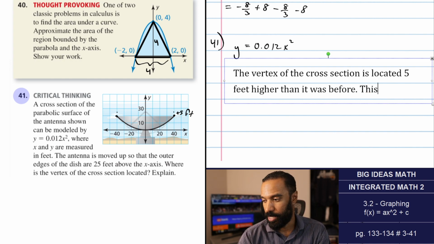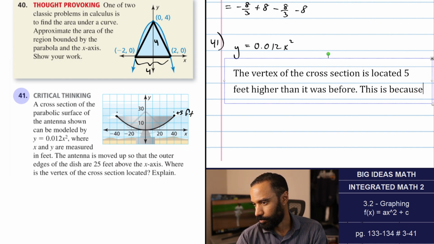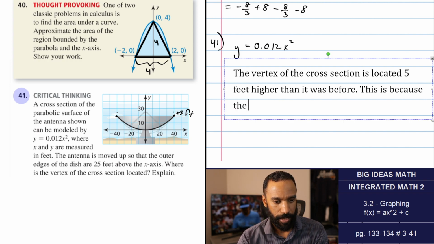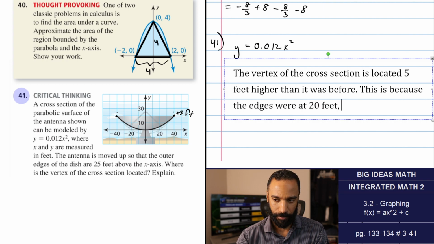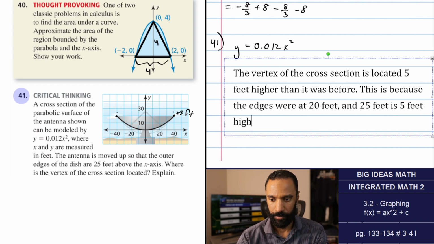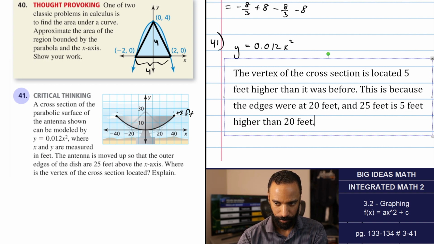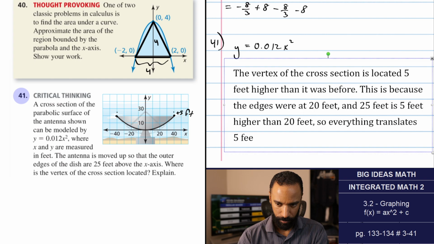This is because the edges were at 20 feet, and 25 feet is 5 higher than it was before.